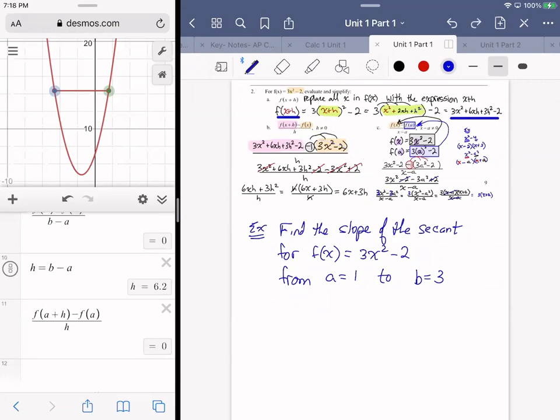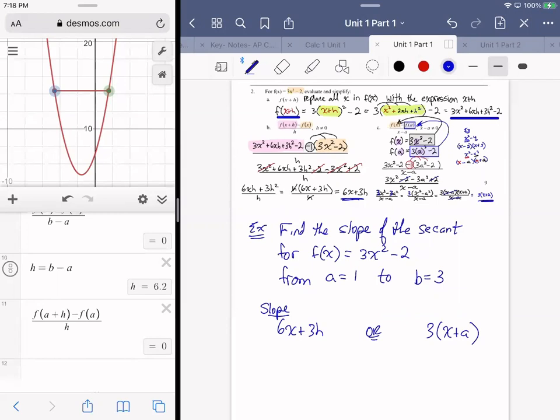So in either case, we computed the slope. The slope is either 6x plus 3h or 3x plus a. What we would be doing is first establishing what the x value is in each case.